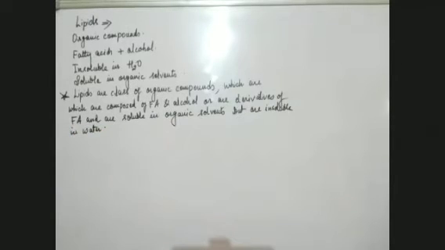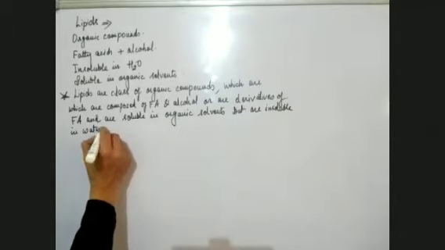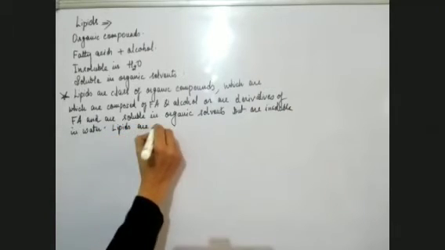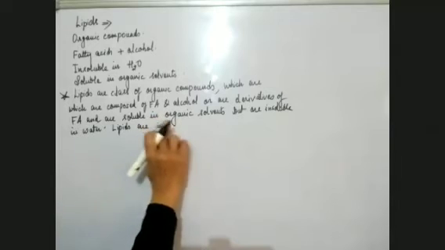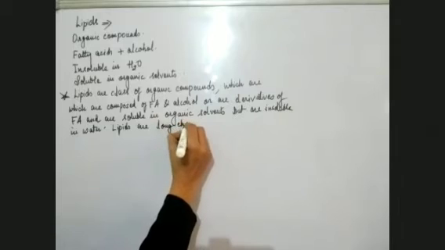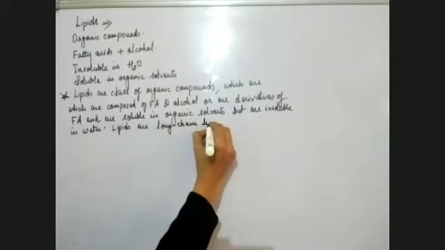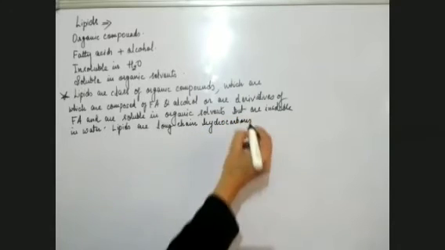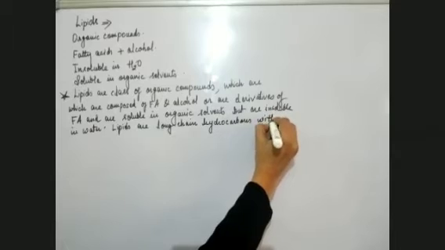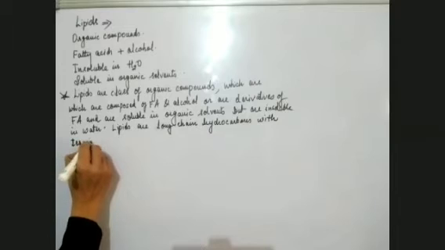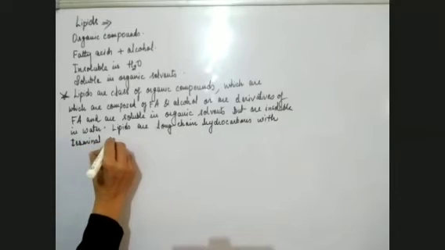If we see chemically what they are, basically lipids are long chain hydrocarbons with terminal carboxylic groups.